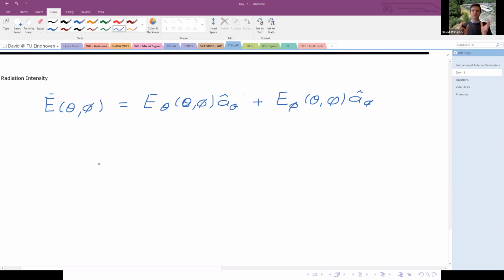So now we've said we've got this unit solid angle, which is a surface area of 1 on this hypothetical sphere. And we want to calculate the radiation intensity U. This is the amount of power radiated in that angle. We define this as the following.